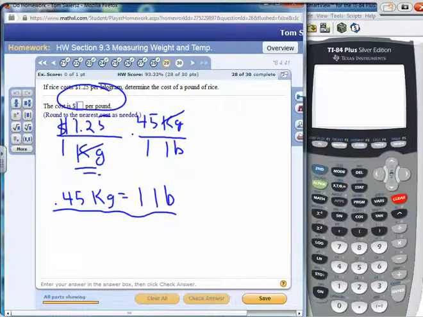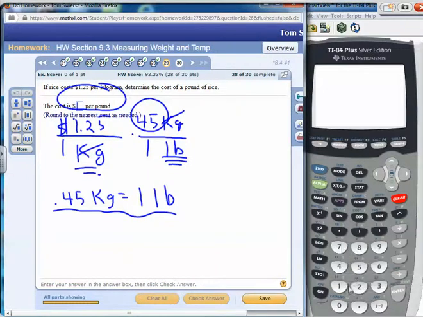But now notice the 0.45 is in the numerator, so we're going to multiply. So 125 times 0.45 gives us our answer, but then it's in money per pound because the kilograms units cancel. So we end up multiplying the amount of money, 125, by 0.45.